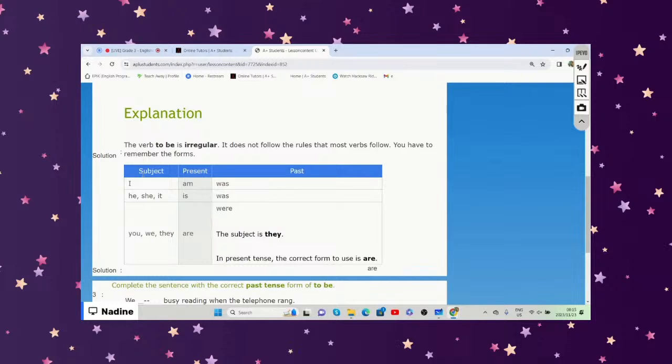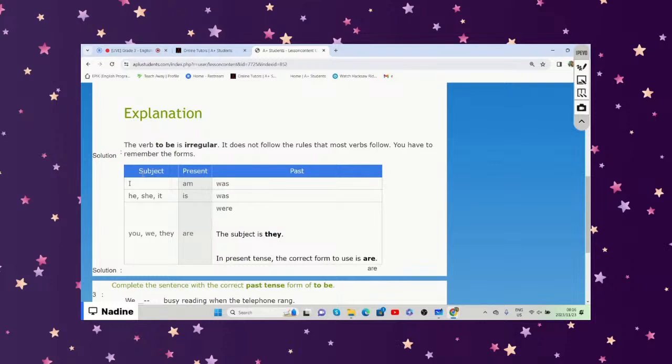And if we use the subject you, we, and they, this is now in the plural form, then we use the present tense are. So if we use the subject they, then we can say they are.